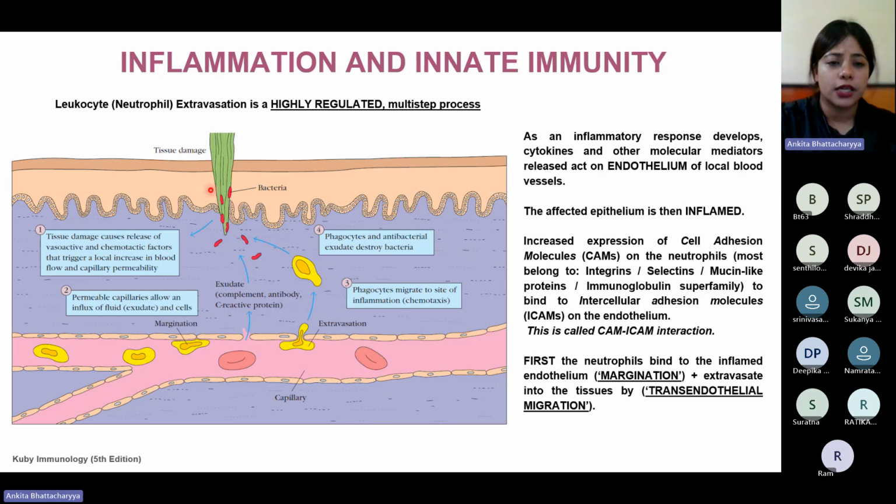So what you see here are the bacteria which were in contact with that source of injury have gotten released into the tissue. What does this do? So what you see first is that this tissue damage is causing a release of vasoactive and chemotactic factors that trigger a local increase in blood flow and capillary permeability.